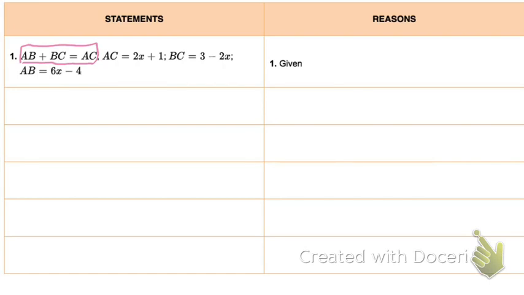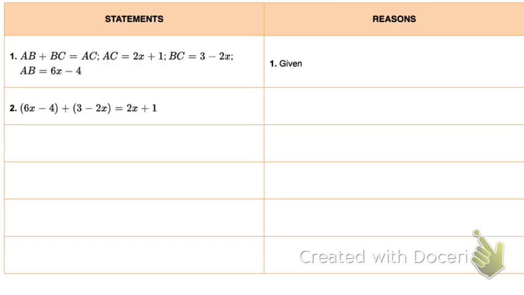We know how to solve equations, but there's no x's in that equation. But they're telling us that AC is 2x plus 1, so we can substitute that in and we have some x's. They're telling us BC is this, and they're telling us AB is this. So let's substitute all of those into that equation, and then we have some x's.